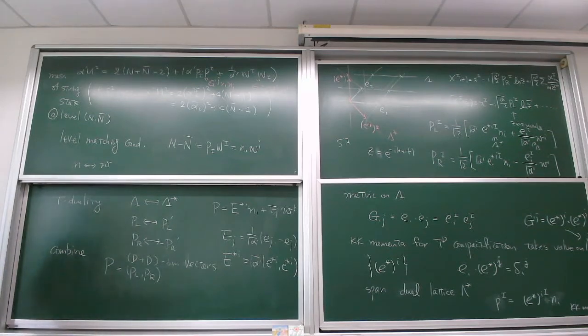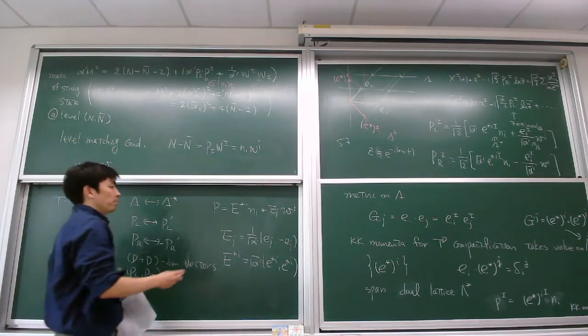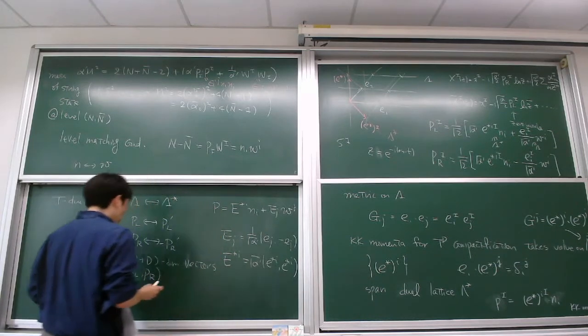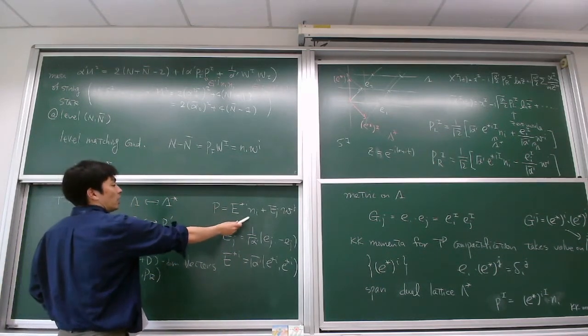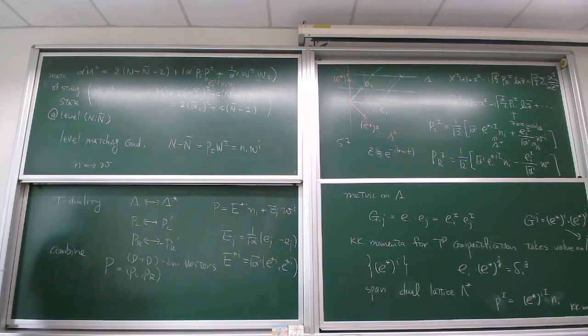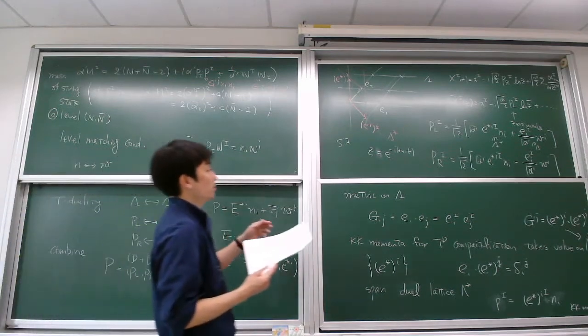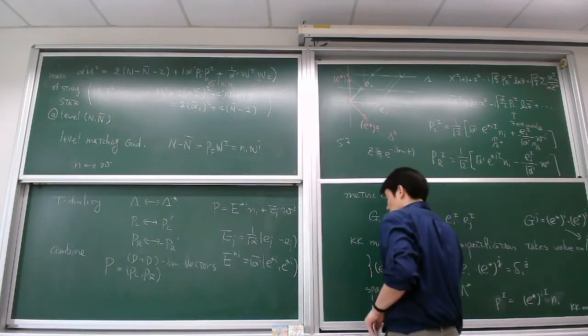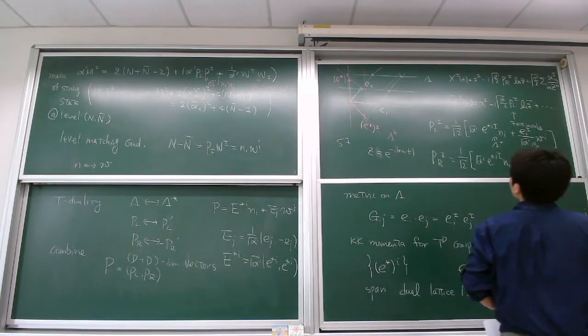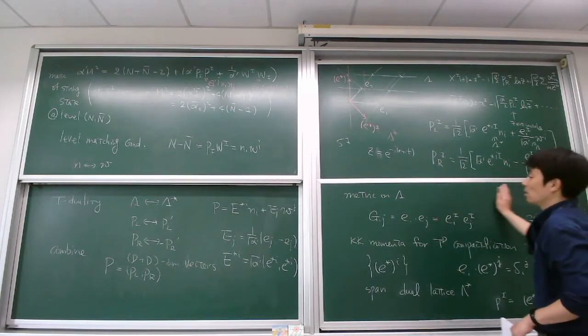Then the big P, which is the combination of PL and PR, can be written using the capital letters. It's just a rewriting.